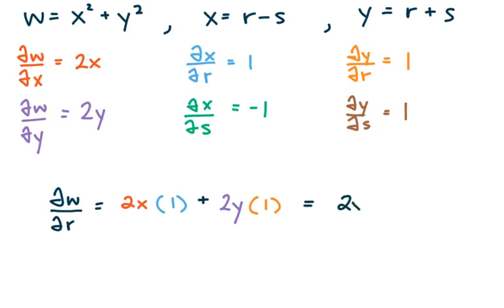So we end up here with 2X plus 2Y. That's my partial of W with respect to R.